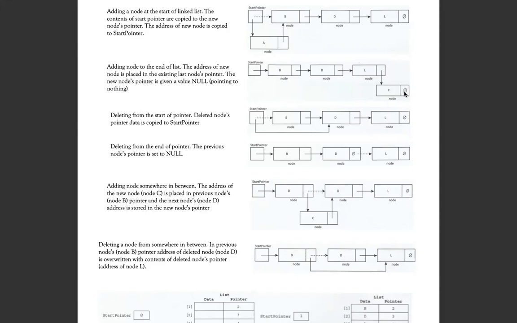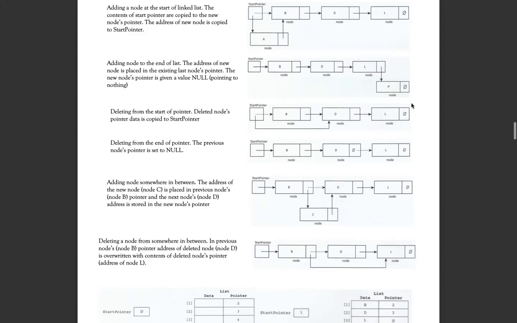Instead, I assign null to the new node, because it is the last node. Secondly, this index position 5 should be assigned here, so that when I reach this node, I look at the pointer and say, oh, there's another node at the end of this, and I reach here. So this is how we add a new node at the end.